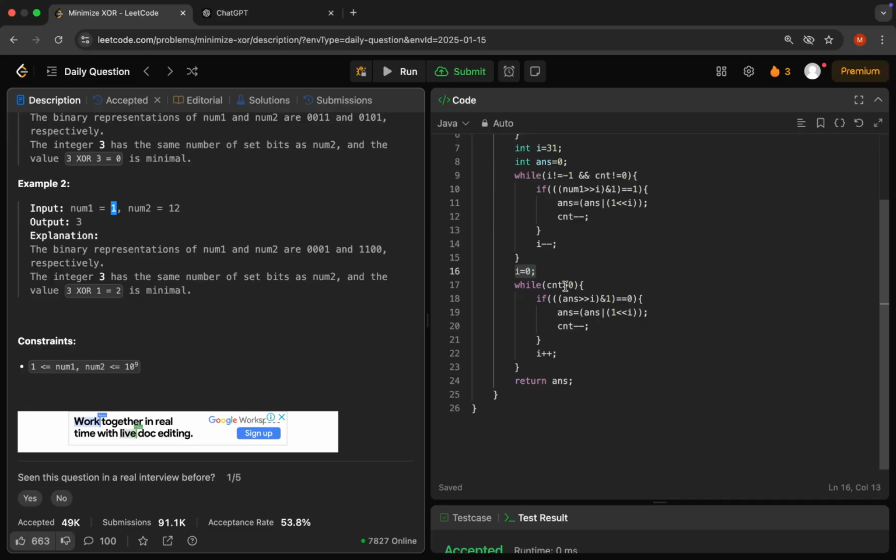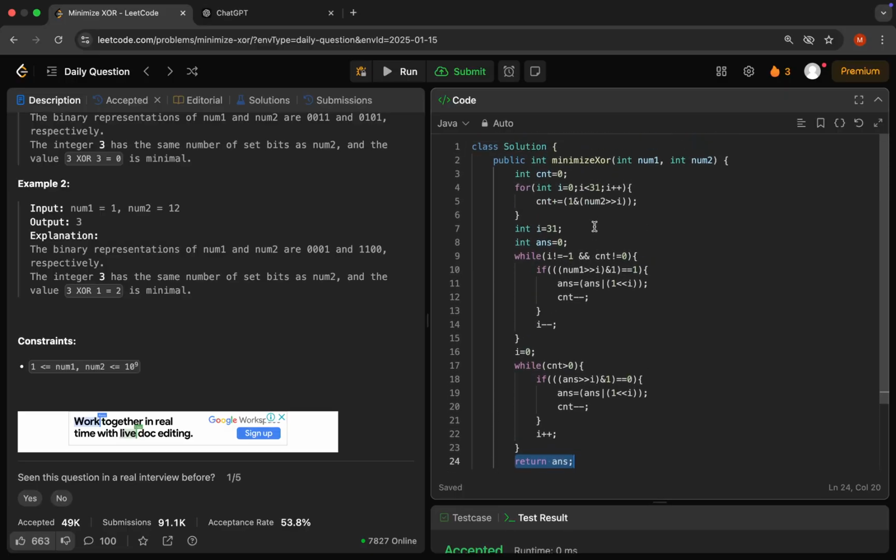If there are remaining set bits, we will make that many off bits equal to 1, and at the end we will return the answer.